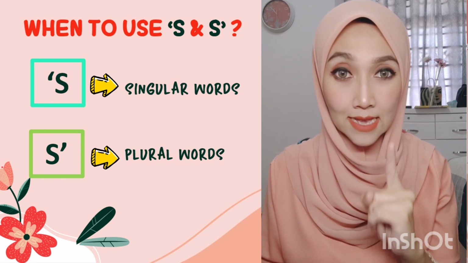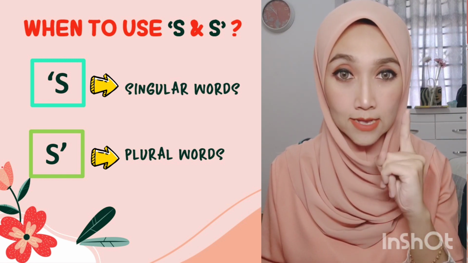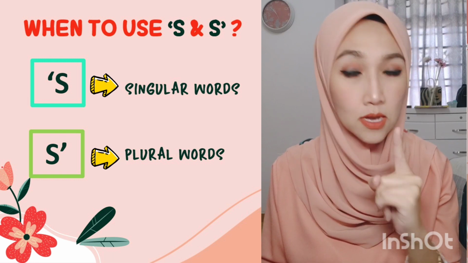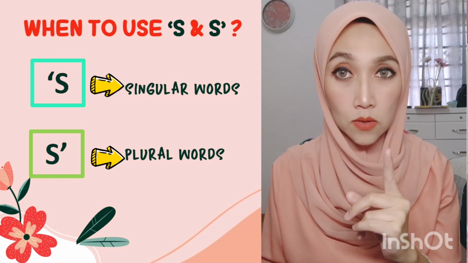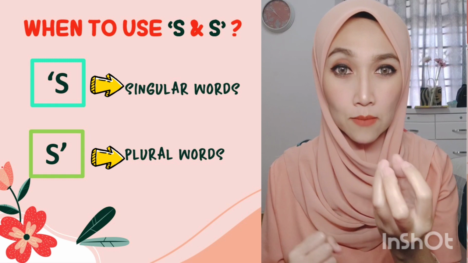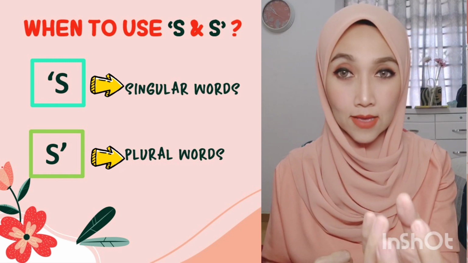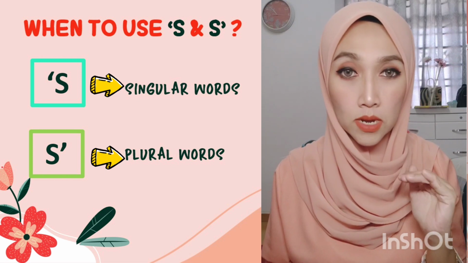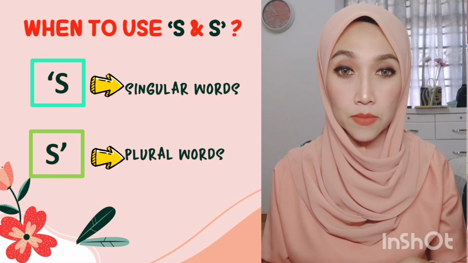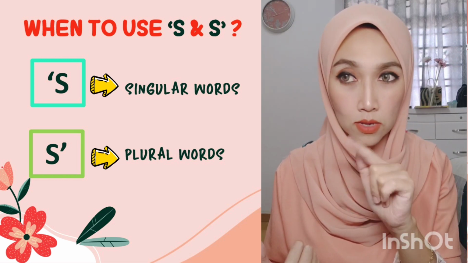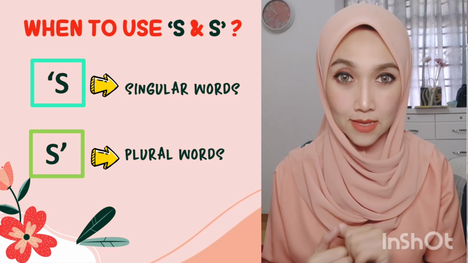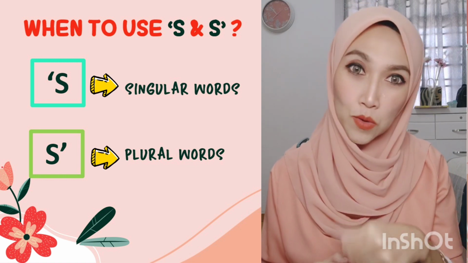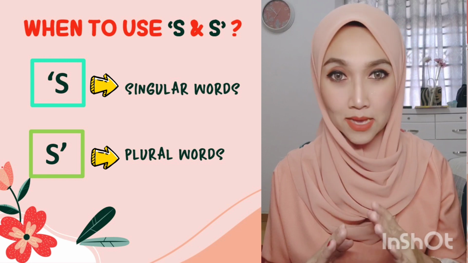Singular means single, satu, where the subject is just one. You use apostrophe S. But if the word is plural, for something many, we use S apostrophe. It's okay, relax. We will see the example, then you will be clear about it.